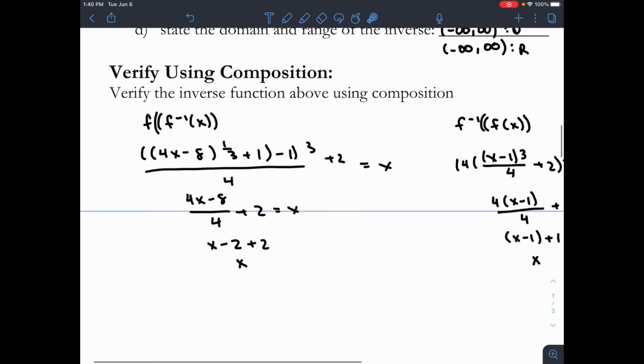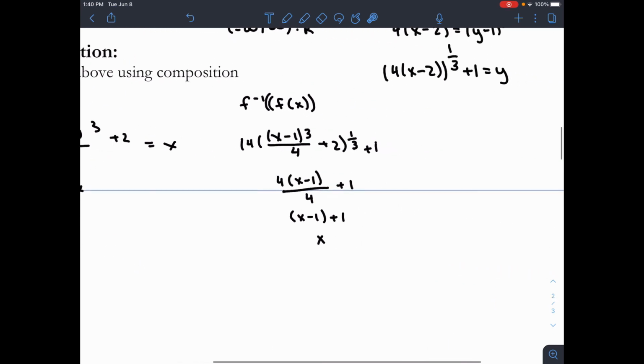And so a lot of this cancels out, for example the power of 3 and the 1/3 and the minus 1 and plus 1, and we have remaining 4x minus 8 over 4 plus 2 equals x. And then this also cancels, so we have x minus 2 plus 2, which is equal to x.